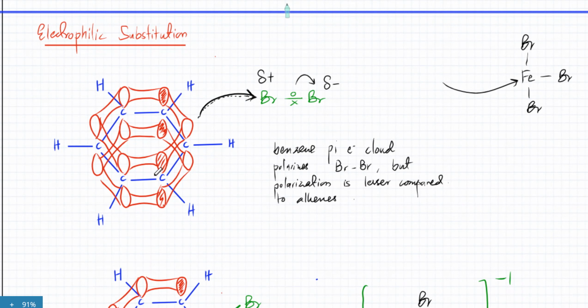So it's going to polarize this molecule, but not to that extent. The polarization is going to be very weak. The negative charge over here is going to be tiny, and the positive charge over here is also going to be smaller. The electron would only slightly get pushed because the negative charge density is not very, very high.